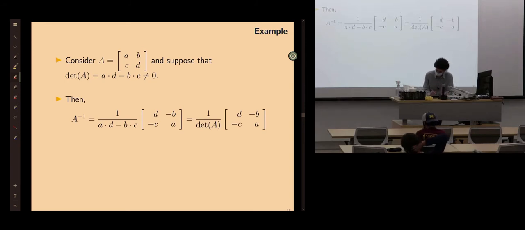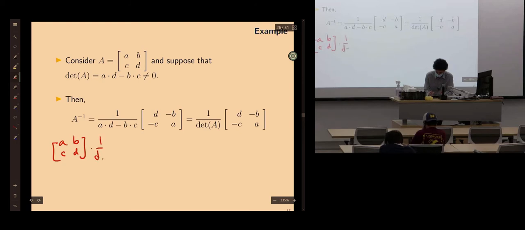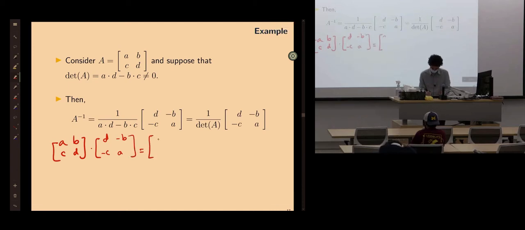So let's try A, B, C, D. I'm going to first multiply these two matrices. I get A, D, minus B, C. I get minus A, B.